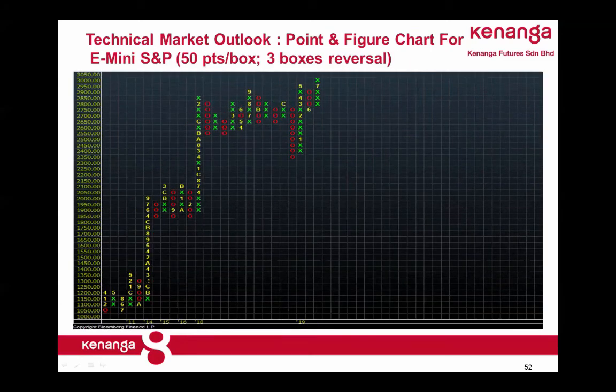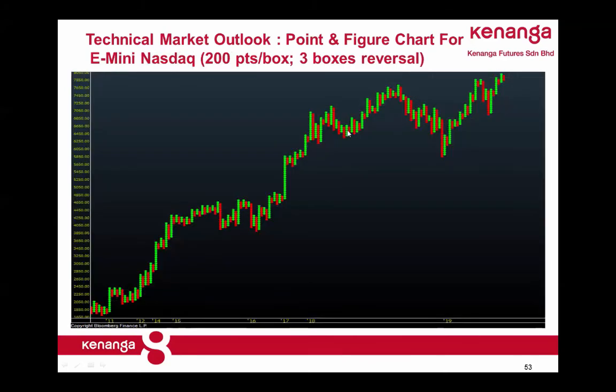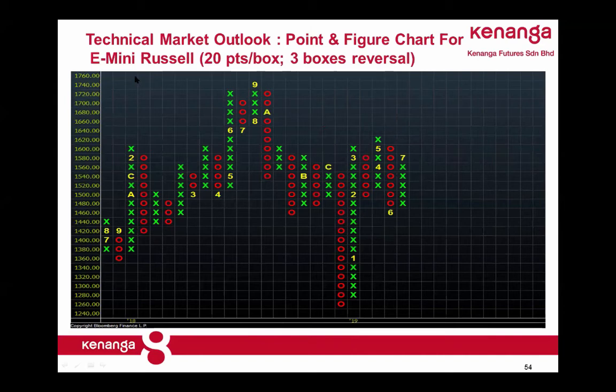Similar to S&P 500, higher highs, still in a bull run. And this is the Nasdaq, also in an uptrend. This will be the Russell 2000, which is sideways after a correction and reversal, and is now in a sideways range-bound market.